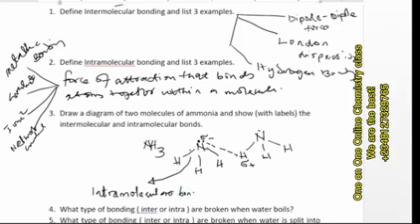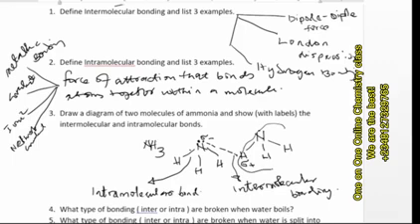But between one ammonia and another ammonia, we have the intermolecular bonding, because it binds molecules together. It's between one molecule of ammonia and the other molecule of ammonia.